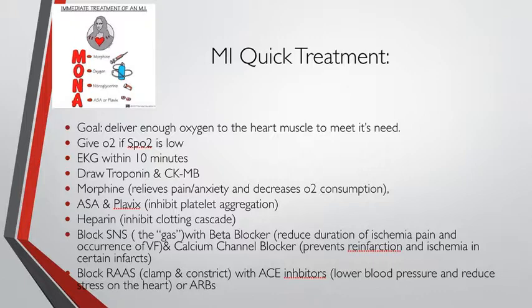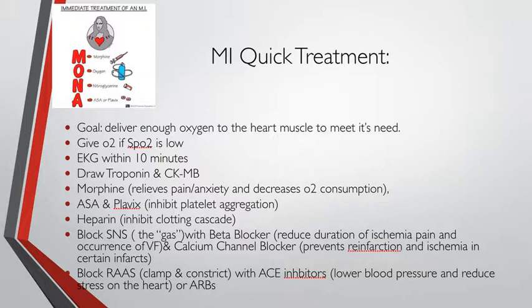We are going to give beta blockers and calcium channel blockers. Those block the sympathetic nervous system, and that's what gets all revved up when there's something going wrong in the body. Think of it as the gas. So when you give it more gas, you're going to go faster. So beta blockers and calcium channel blockers block that, slowing things down.